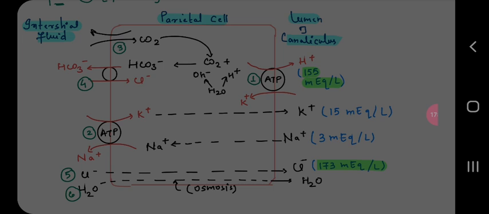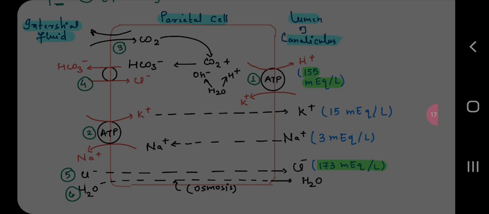Interstitial fluid. So firstly what happens is CO2 combines with water to form H2CO3, which splits into H plus and HCO3 minus. HCO3 minus and chloride antiport increases bicarbonate level in blood, so alkaline tide occurs after eating food.